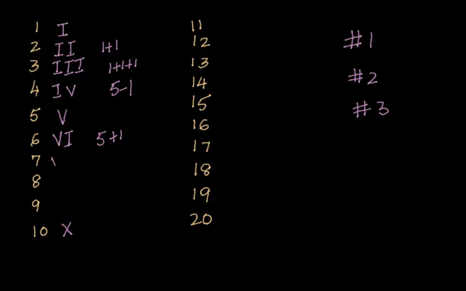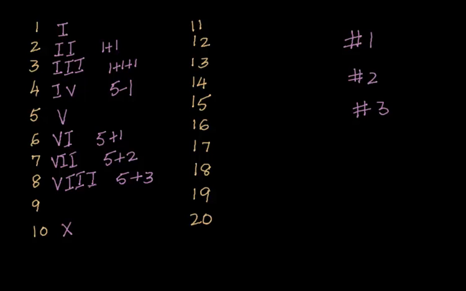Similarly, we can write 7 making use of the symbol 5 by writing 5 and two 1 symbols. That is 5 plus 1 plus 1 or 5 plus 2. And similarly, we can write 8 as 5, 1, 1 and 1. That means we have 5 plus 3.